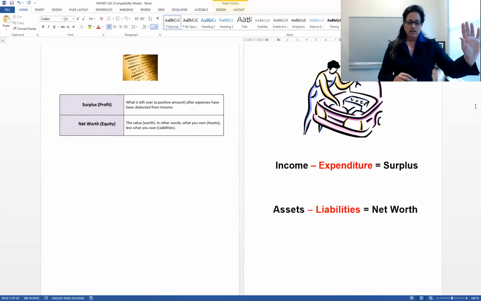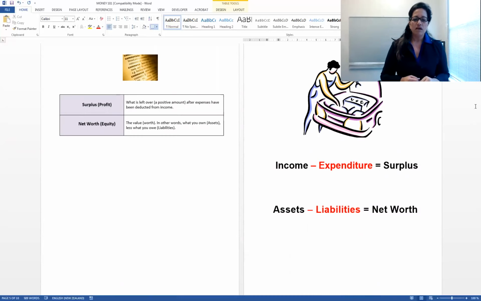There's two equations. I call them the top line and the bottom line. As you can see in the workbook, there's the equations. Income minus expenditure equals surplus. Assets minus liabilities equals net worth.